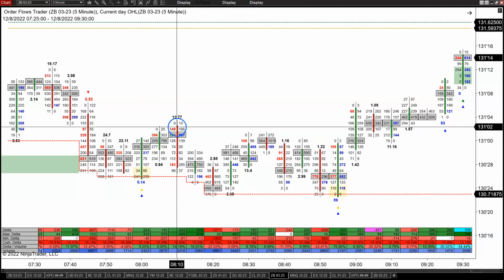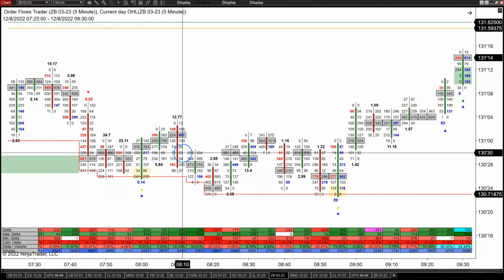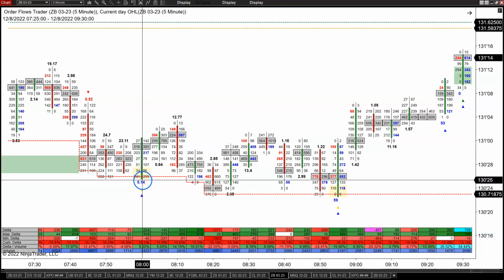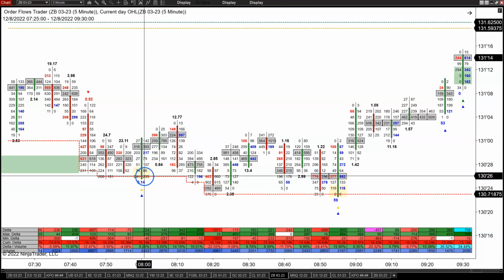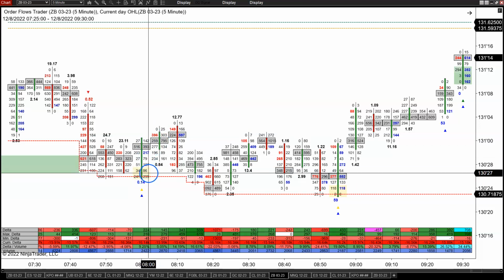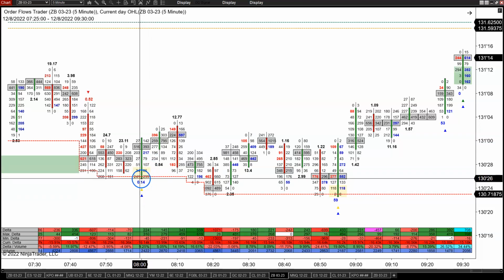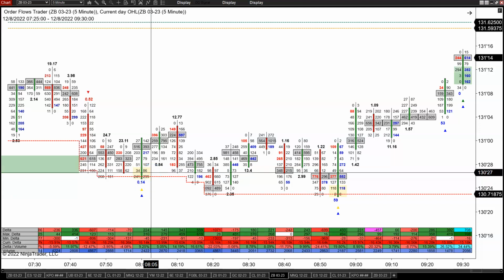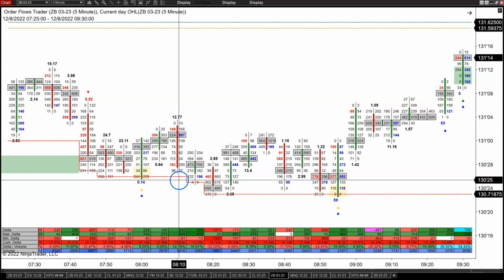Because what's happening here in this red bar down is you're starting to see some strong supply come into the market. So say you get long off this bar here. You got your ratio divergence off the low. It's a good sign, I like that. Now do bear in mind, you do have an unfinished auction here. You got the 241 on the bid side, the 299, which, if you trade unfinished auctions, is a sign that potentially the market could come back and close that auction.